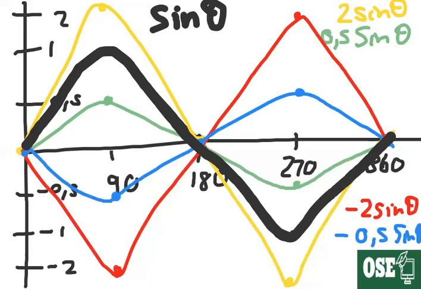For the thick black graph, our amplitude is 1. So the distance from the x-axis to the highest point in the graph is 1. However, for the yellow graph, it has increased to 2. Can you see?